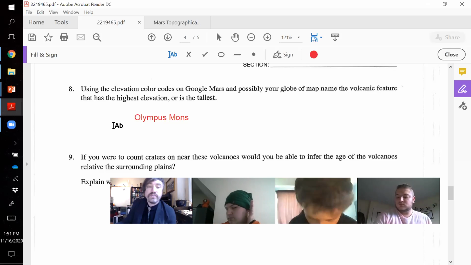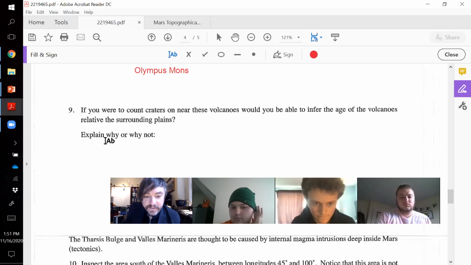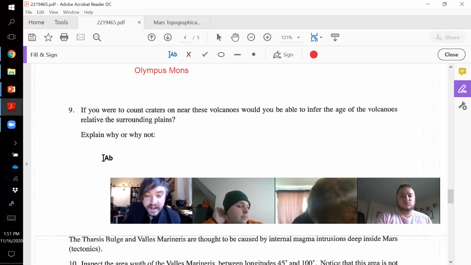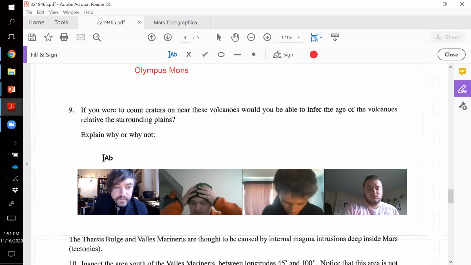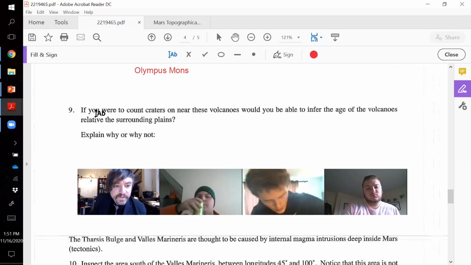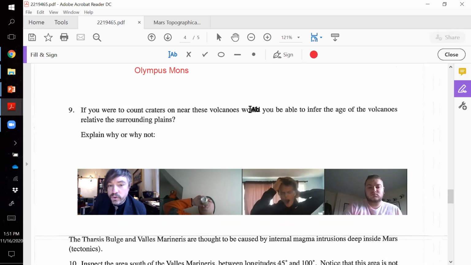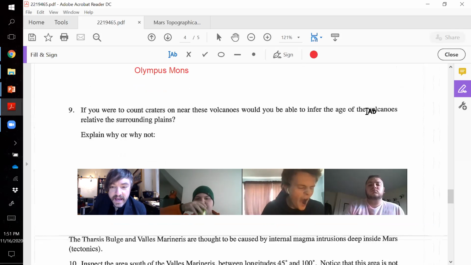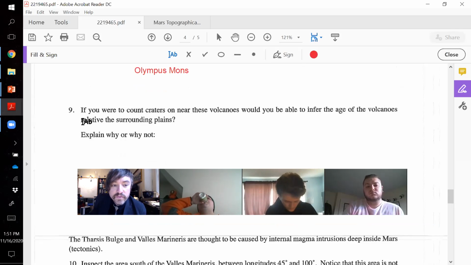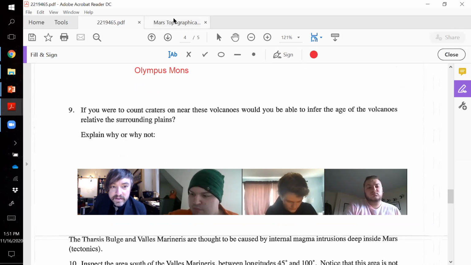Okay, this next question is actually quite complex. It took me a few go-throughs to understand what they were getting at. I didn't understand it at first. If you were to count craters on or near these volcanoes, would you be able to infer the age of the volcanoes relative to the surrounding plains?